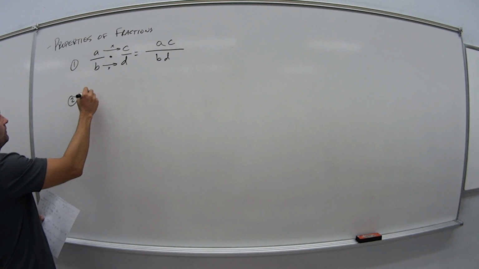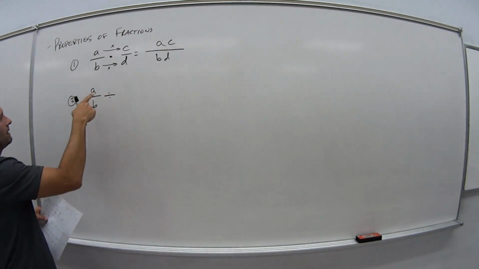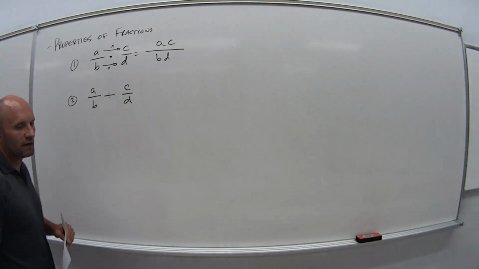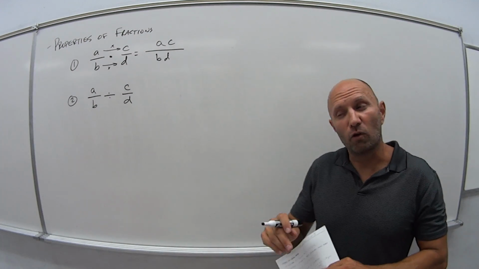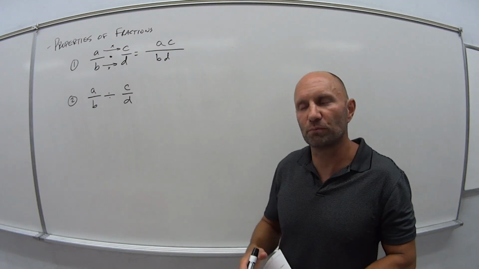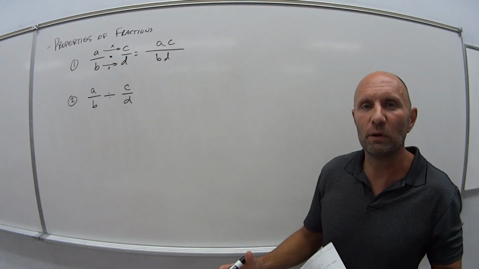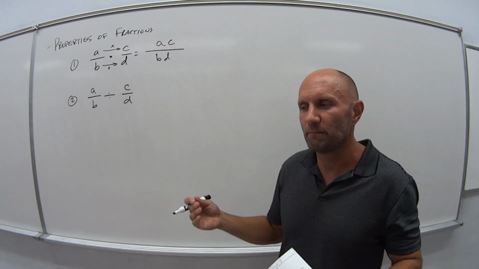The second one is division. So if I have A over B divided by some other fraction C over D. This one's not quite as easy as multiplication, but we can turn it into a multiplication problem so then it becomes quote-unquote easy for us. How do we do that? Well, you guys have heard of KFC, the chicken place, right?